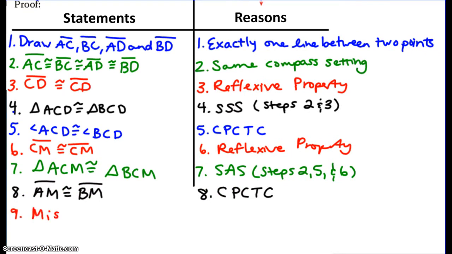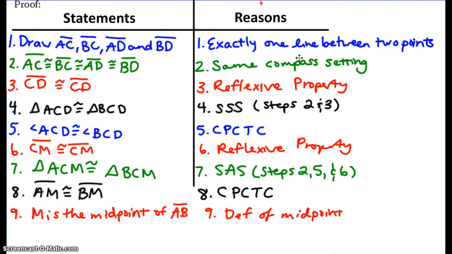So we say M is the midpoint of AB, and that is the definition of a midpoint. Now remember, when you get to what you're trying to prove, that belongs in the last statement. We were trying to prove that M was the midpoint of AB. We did that, and so we are finished.